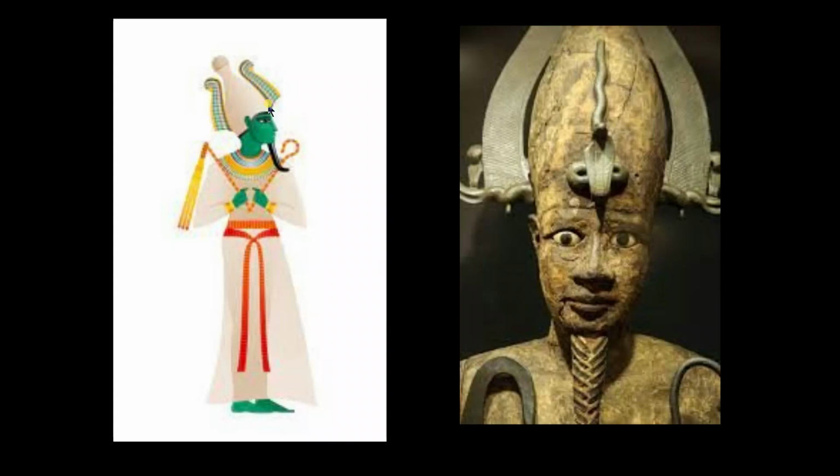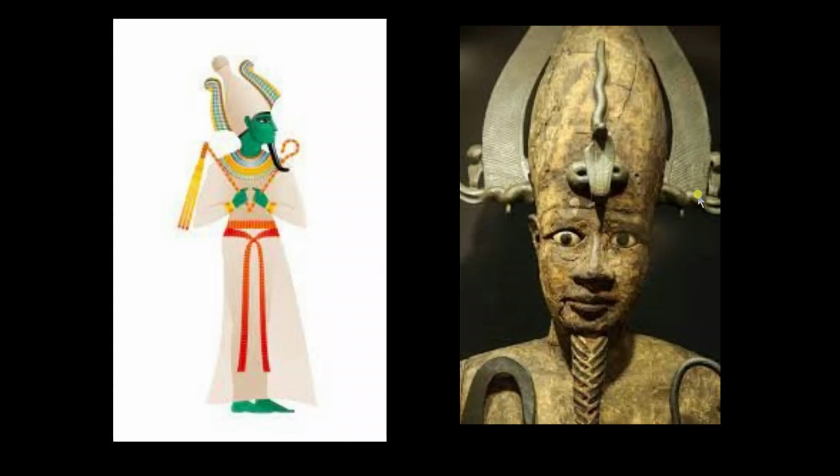What's also important, guys, with Osiris, he has the Atef crown, which is the two feathers of Maat on the side of the crown of the north, I believe.